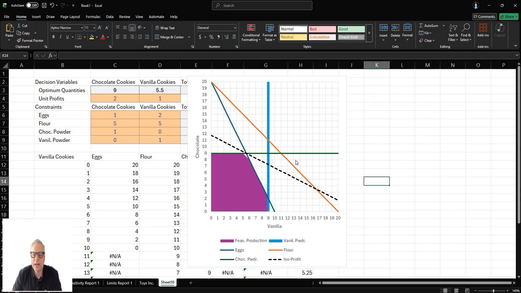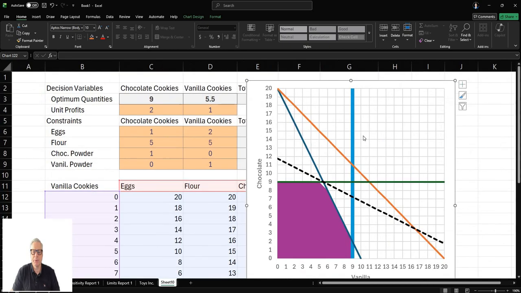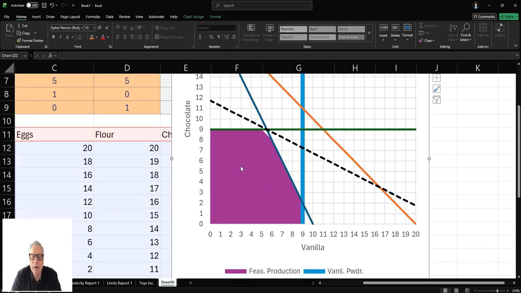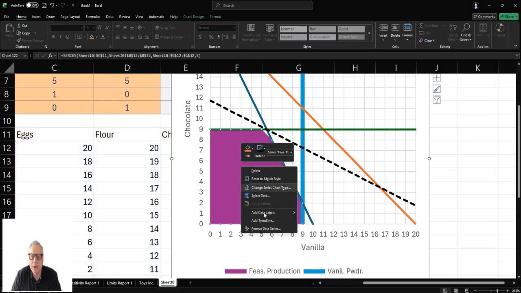So now what did Excel give us? Maybe I can zoom in here a little bit. Let's see what happens. Okay, so if we zoom in here, we see that Excel says, okay, the optimum number is 9 chocolate cookies, but we are between, let's make that transparent here.